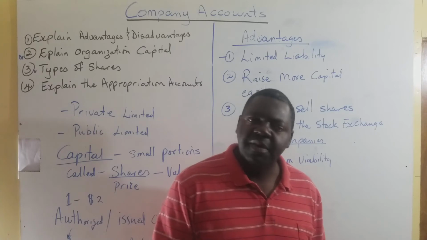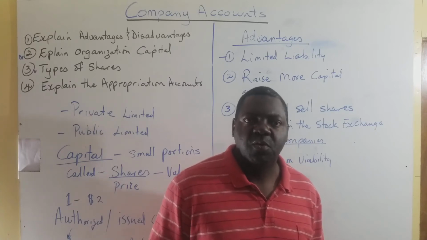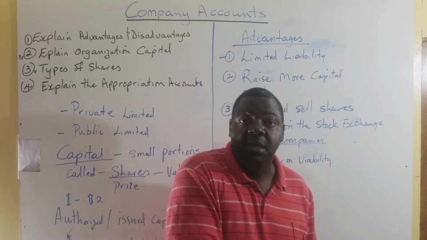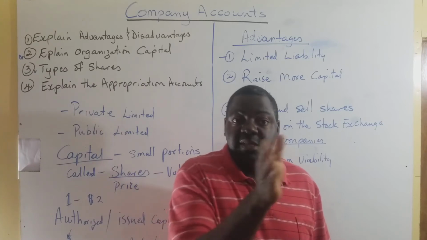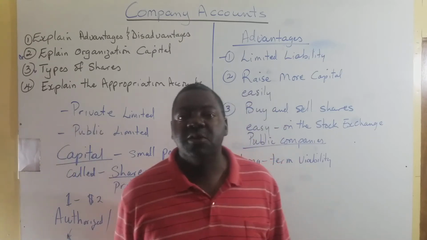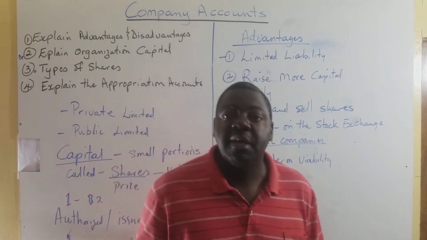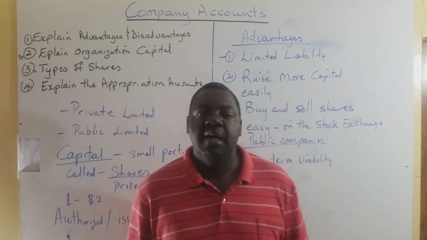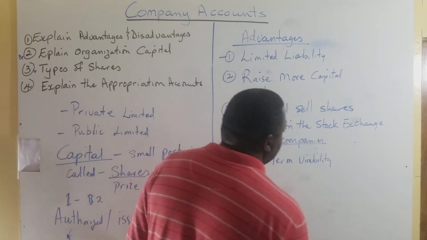But even then, the stability of the partnership comes into question, because you may have to dissolve that first arrangement. Yes, you're going to take on new partners. You may have to end that first partnership arrangement to start a new one. But when you have a company, even if a few shareholders die, it will not affect the stability and the operation of the company. Hence, we refer to it as long-term viability.